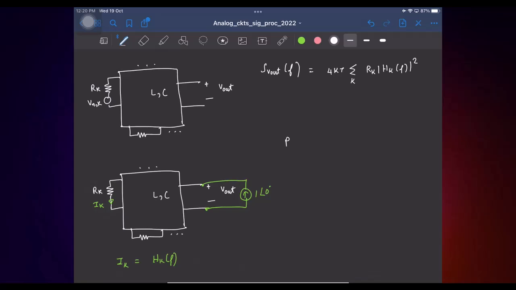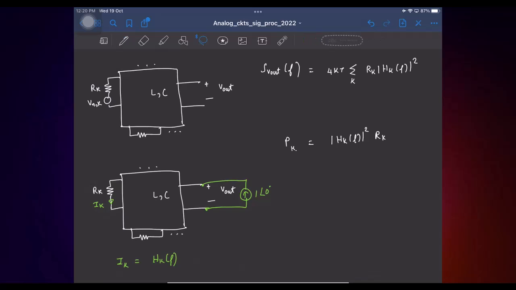So power is I square times R. So here the magnitude of the current is mod hk, squared, times RK. Is that fine? If you take RMS power, okay, fine. Let's assume that everything is in RMS, so you don't have to worry about the scaling factor. So, is this fine? Great.